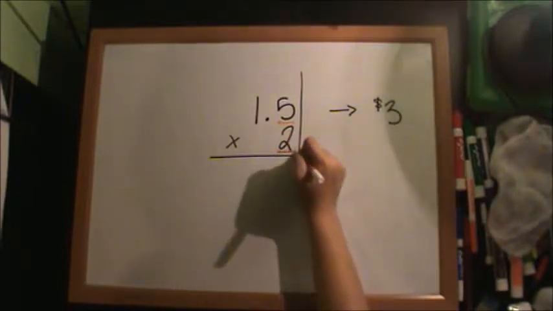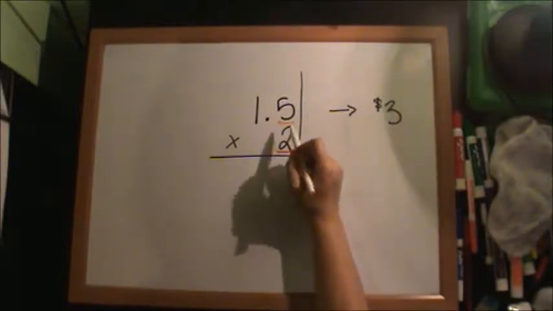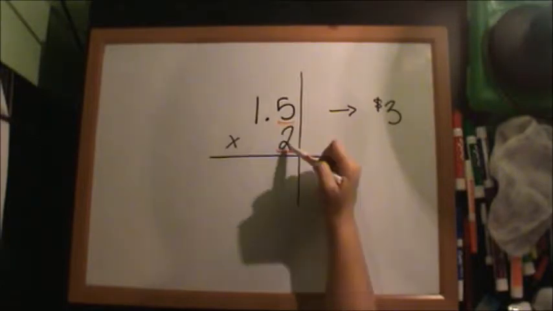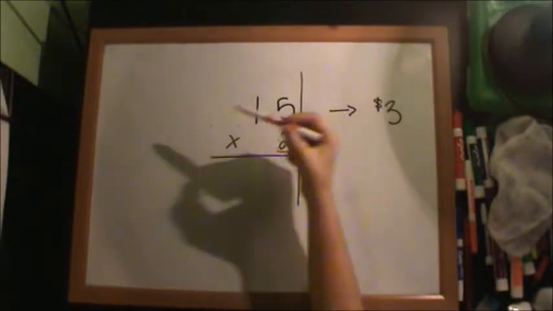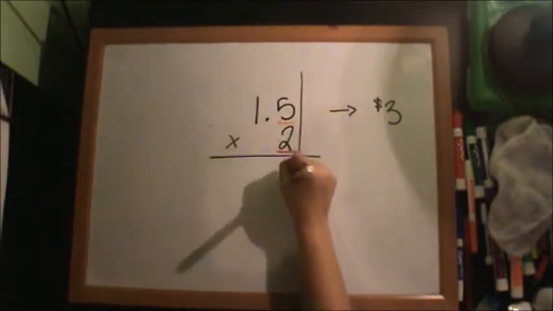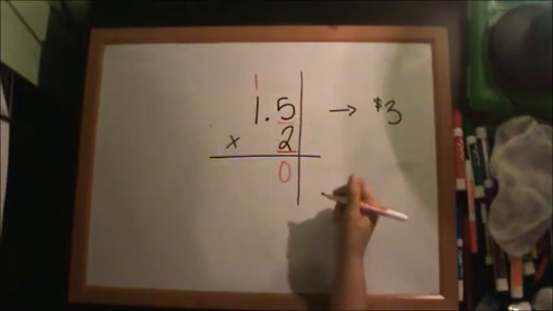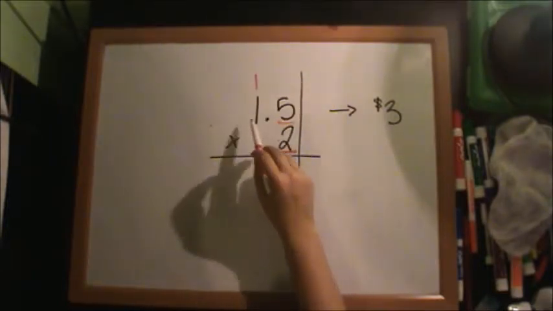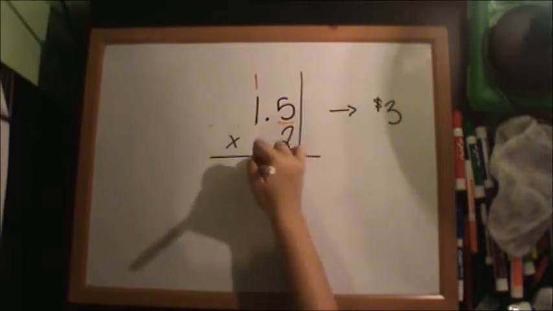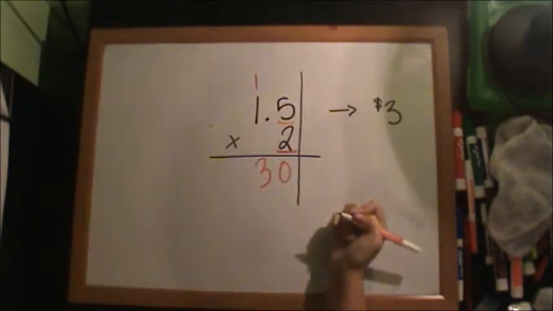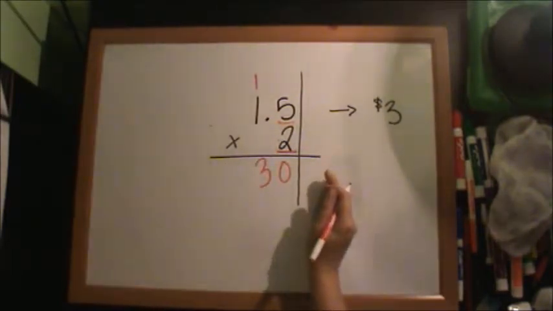Okay, so we're going to start off just like you do with standard algorithm for whole numbers. You start with this base number right here, and you multiply up, and then you keep going to each of the numbers. So 2 times 5 gives me 10. Carry that 1, just like before. 2 times 1 is 2, plus 1 is 3. So I have 30 here.